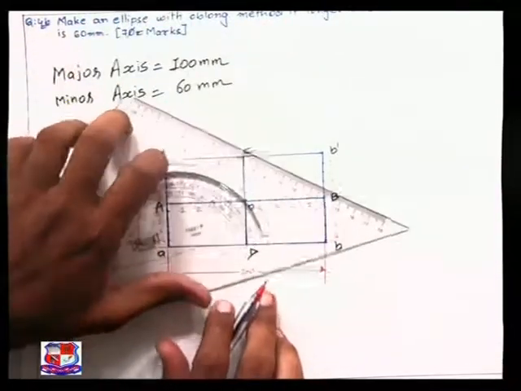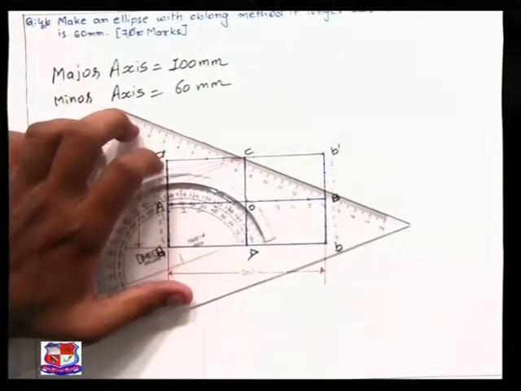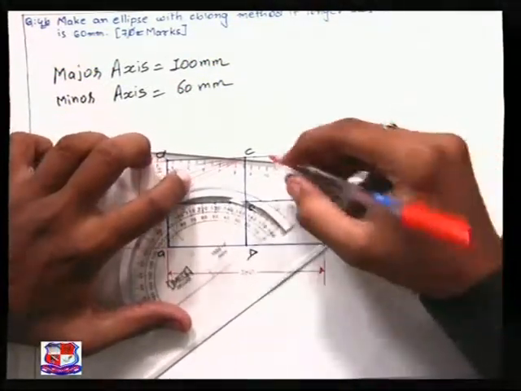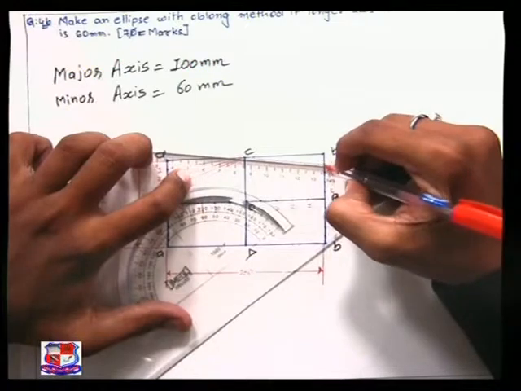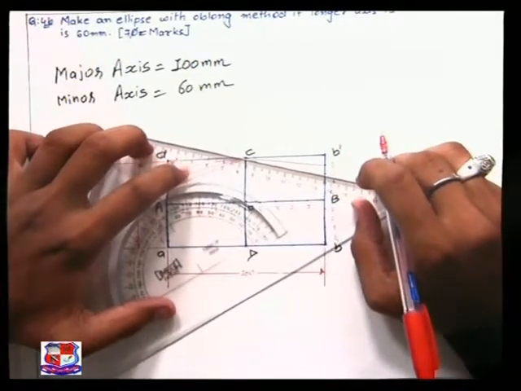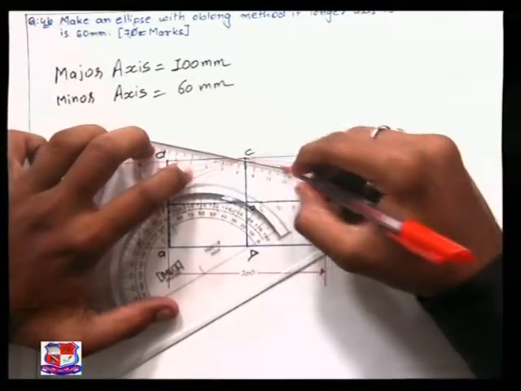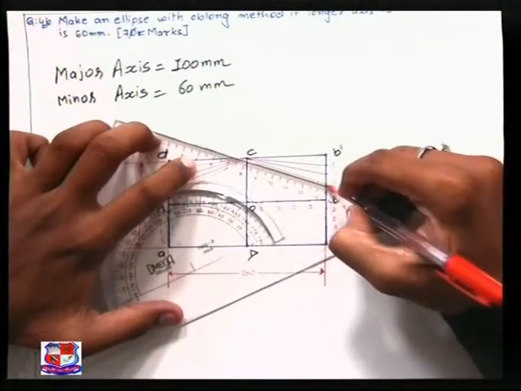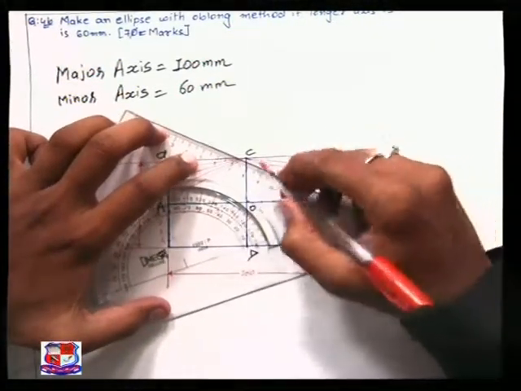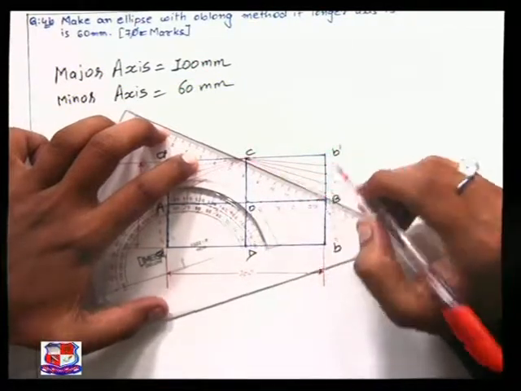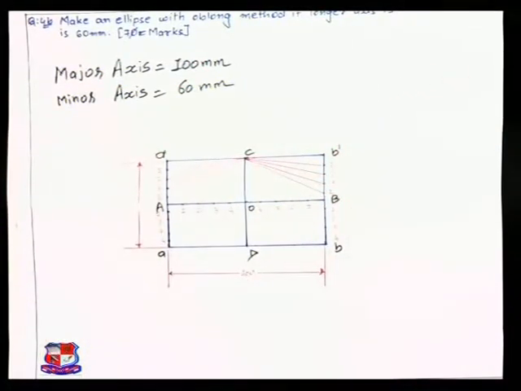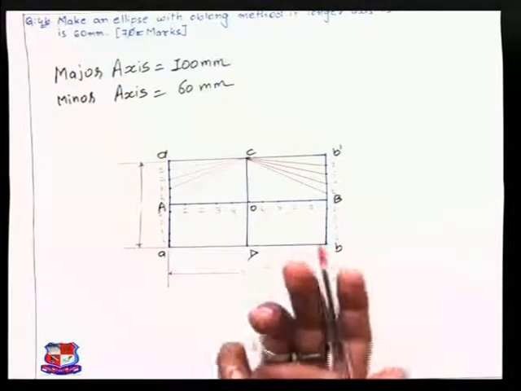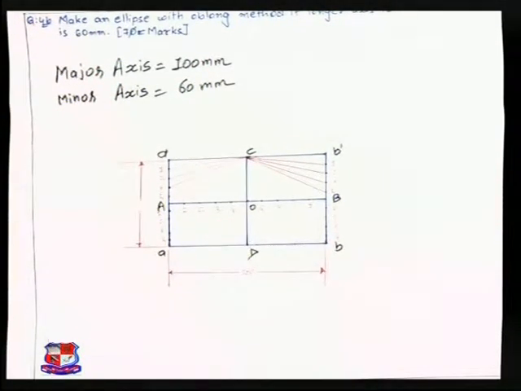On the opposite side also, on the B dash B line, you need to do the same. Join lines C1, C2, C3 and C4. Now as you can see, I have joined both sides 1, 2, 3, 4 with C.